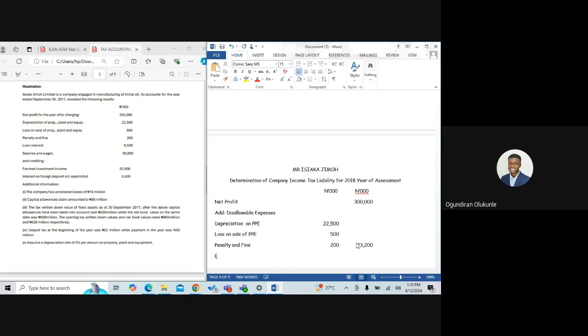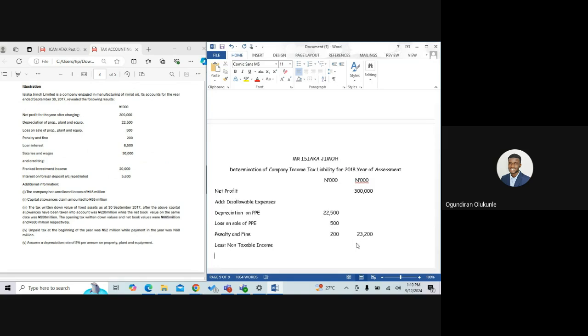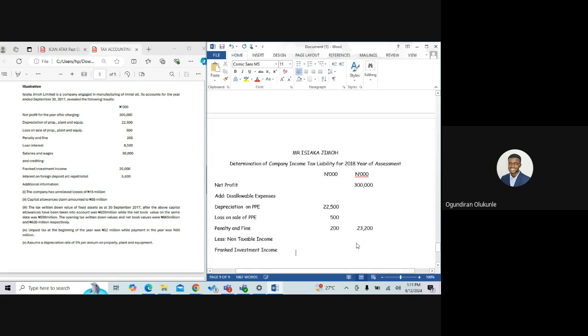Then less non-taxable income, right? What's the non-taxable income that we have? We have franked investment income. And how much is franked investment income? 20,000, right?